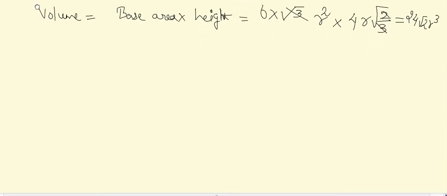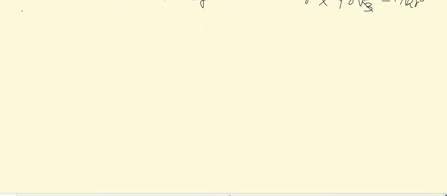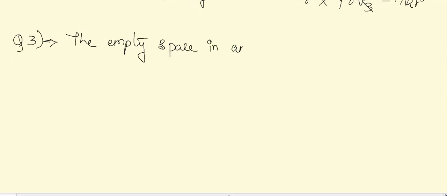Next, question number 3. What is it asking here? In question number 3, it is asking: the empty space in an HCP unit cell is, option A, 74%.